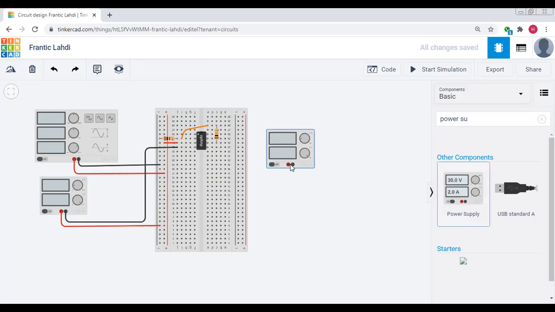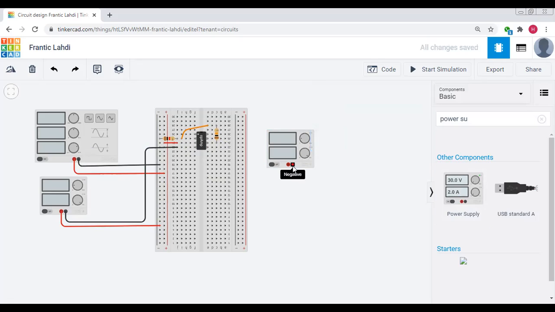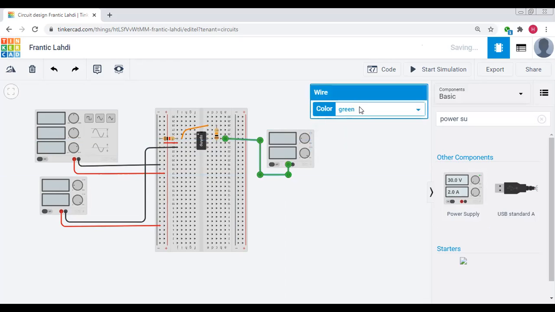Similarly, we use the 7 number pin for the positive power supply. Here you see that this is our fifth number pin, this is 6, and this is 7. So we connect the positive end of this power supply to the 7 number pin like this, and give the wiring color red.